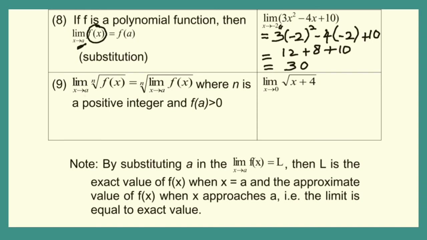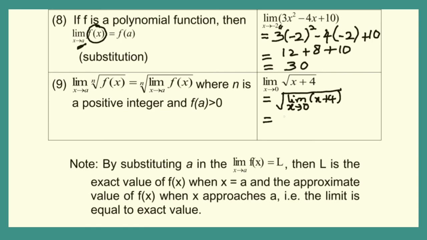Property number 9. Limit of the nth root of f(x) as x approaches a is equal to the nth root of the limit of f(x) as x approaches a, where n is a positive integer and f(a) is greater than 0. For example, limit of the square root of x plus 4 as x approaches 0 is equal to the square root of the limit of x plus 4 as x approaches 0.